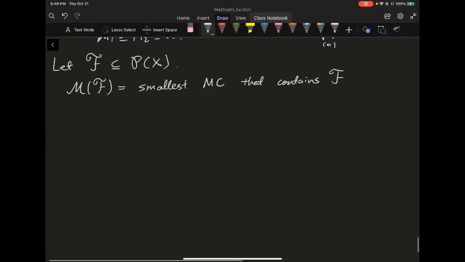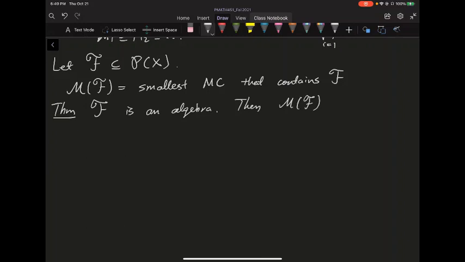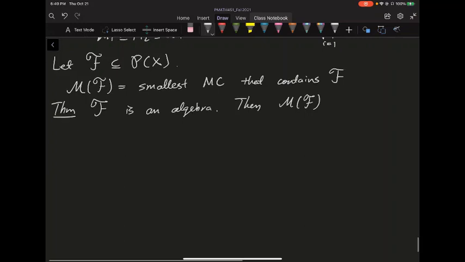And there's a nice little theorem called the monotone class theorem that basically says the following. If your collection is an algebra, you can generate two things. On one hand, you generate a monotone class, the smallest one containing this algebra. And the other one is a sigma algebra, the smallest sigma algebra containing this. Then, in fact, they're actually equal.